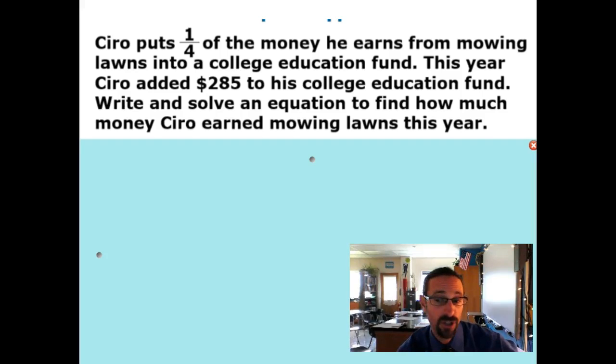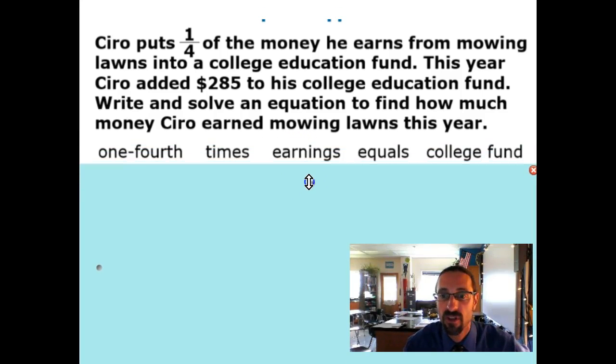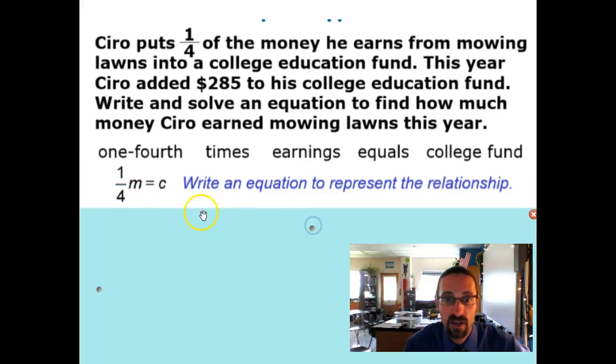Well, if he put $285 into a fund, 285 is, and the key word whenever you hear is means is equal to. So here's my equation. 1/4 times his earnings equals college fund. 1/4 of the amount he made is equal to how much he put in his college fund.